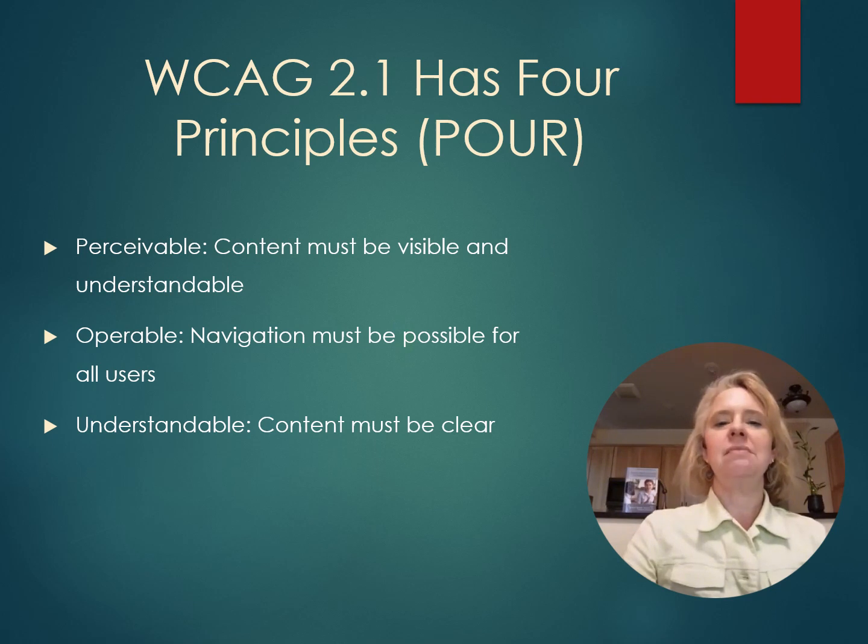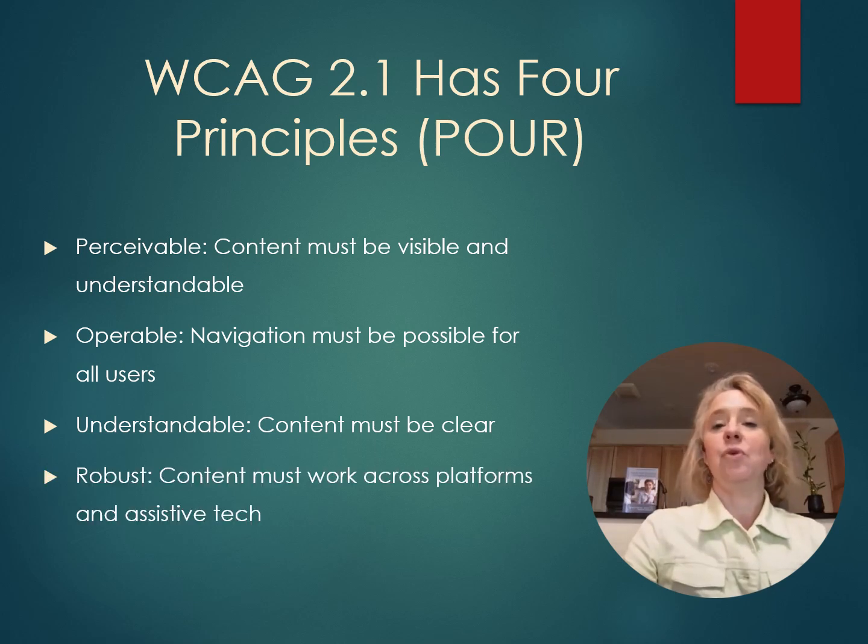Understandable: content must be clear and easy to follow. That includes consistent navigation, plain language, and predictable design patterns. And robust: content must work across a variety of platforms, browsers, and assistive technology, so it stays accessible as technology evolves. Together, these principles help ensure that digital content is usable by everyone, regardless of ability.